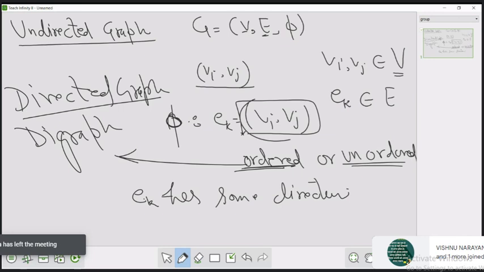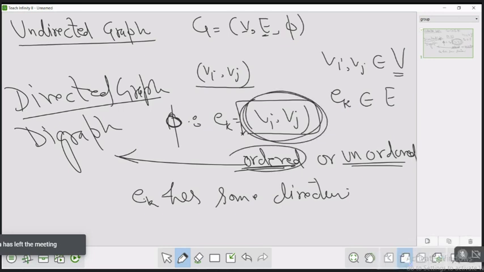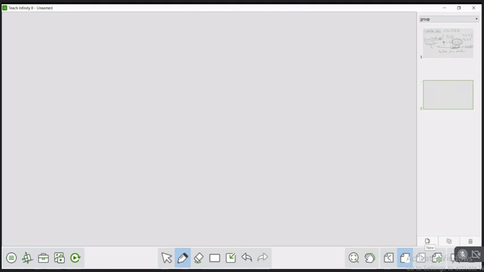If this pair is ordered, meaning every edge has some direction, then that graph is called a digraph or directed graph. If every edge has direction, that graph is a directed graph, also called a digraph. Clear?